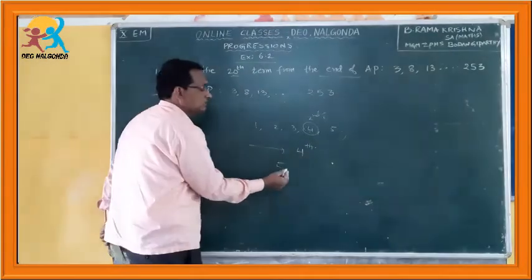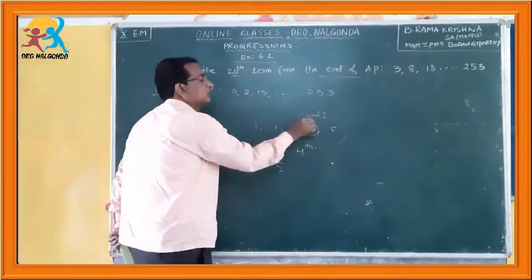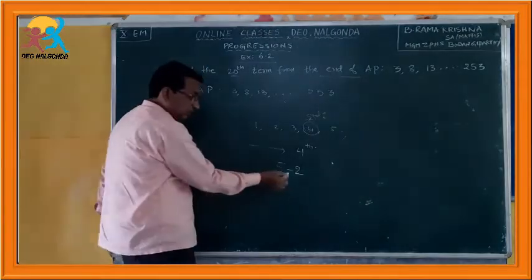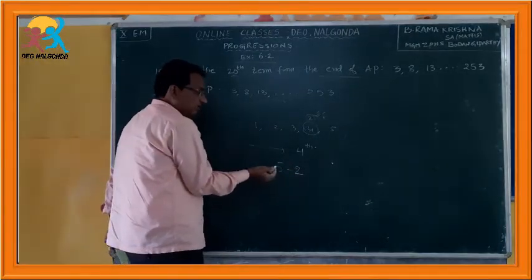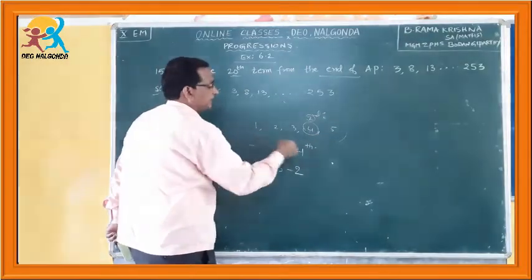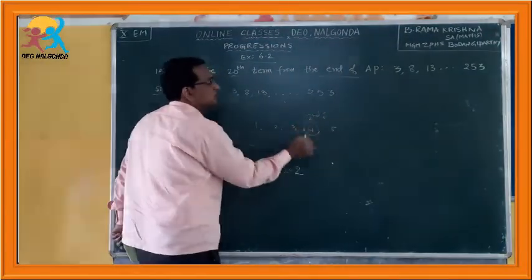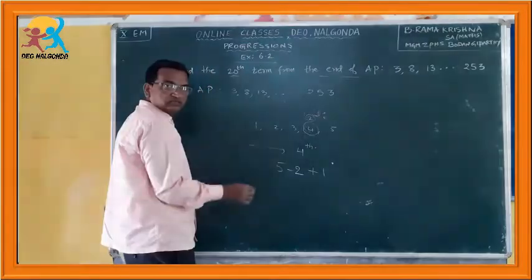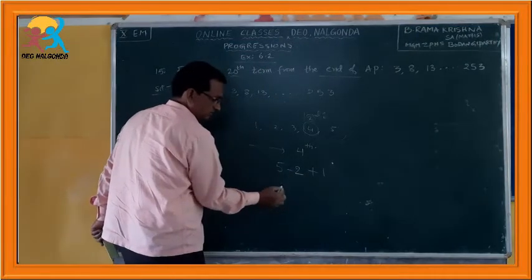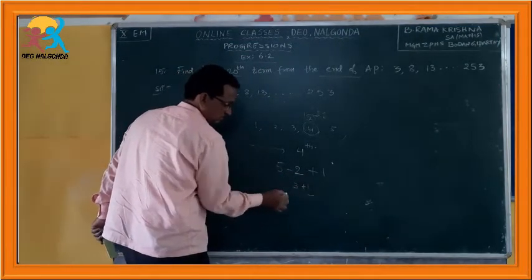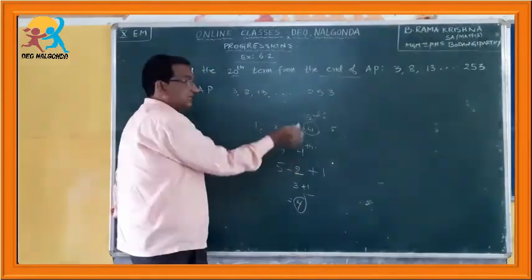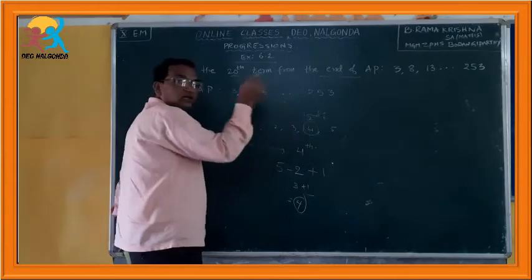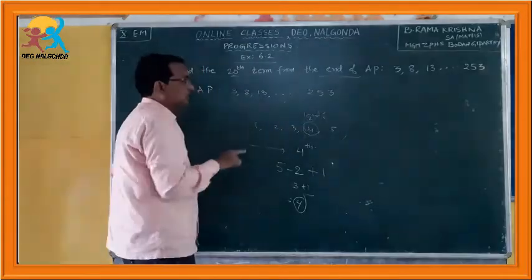Since I am asking for the second term, you have to subtract 2. Total terms minus 2, the second term from the end. If you remove 2 terms out of 5, these 2 will go. But you want this term, therefore you add 1. So, 5 minus 2 plus 1 is equal to how much? 5 minus 2 is 3, 3 plus 1 is equal to 4. 4 is the number of this term, which means it is the 4th term from the beginning.